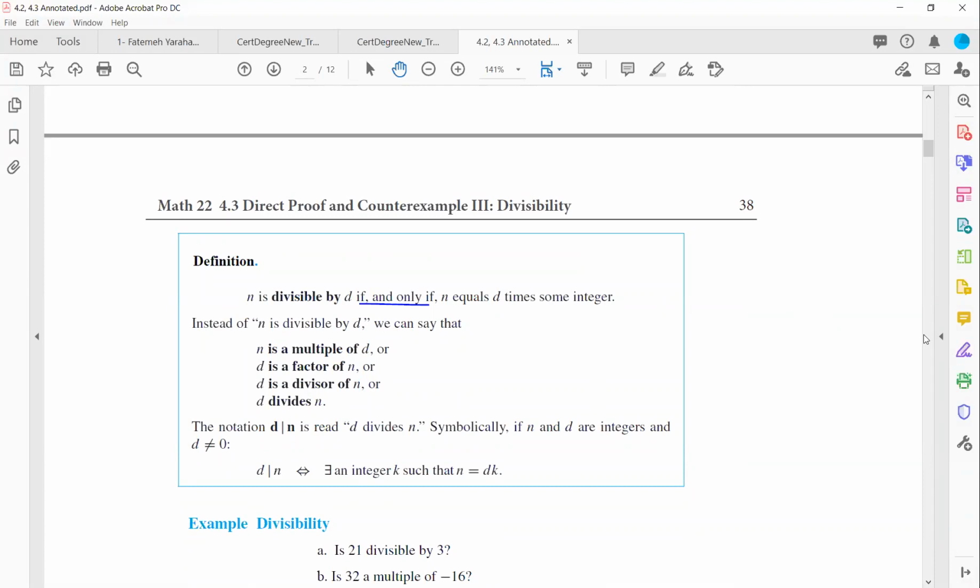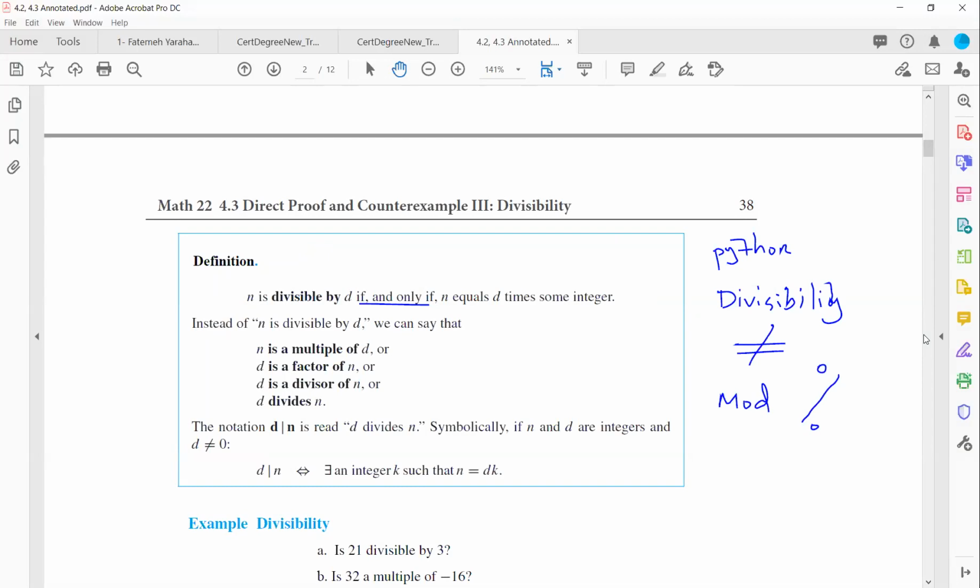For those of you who are taking Python or other programming languages, this is different from the mod operator, or percentage operator.